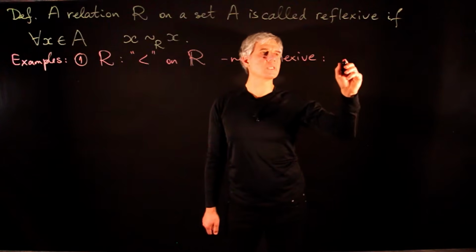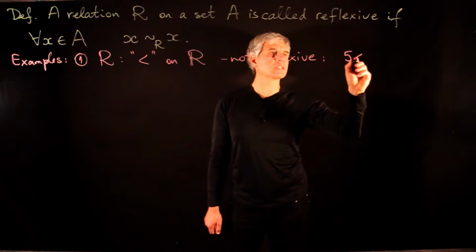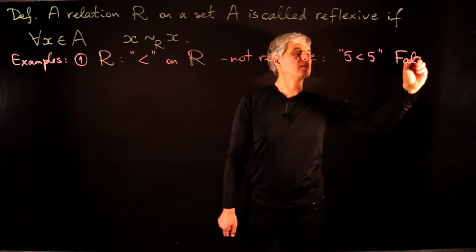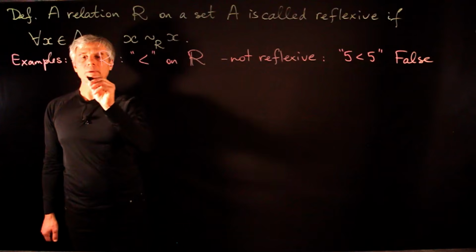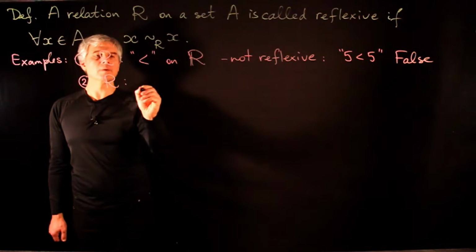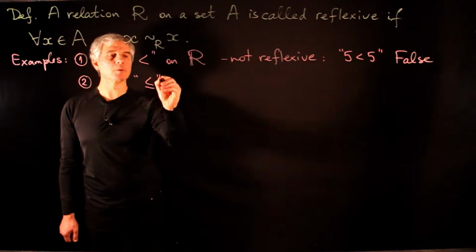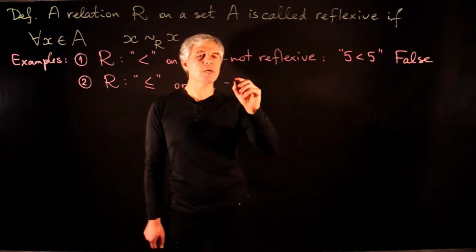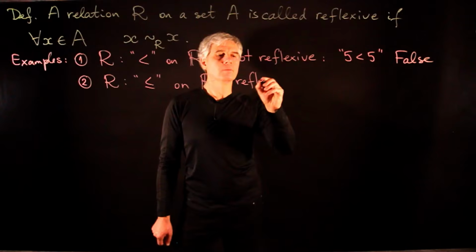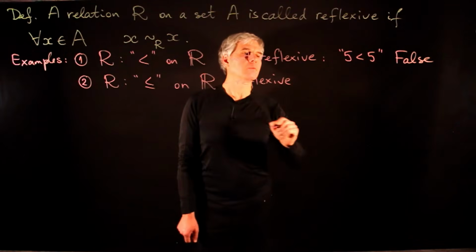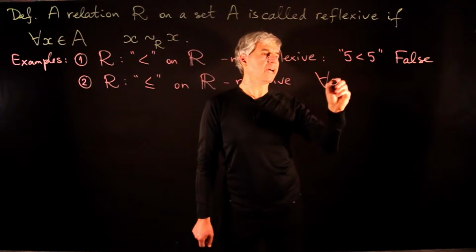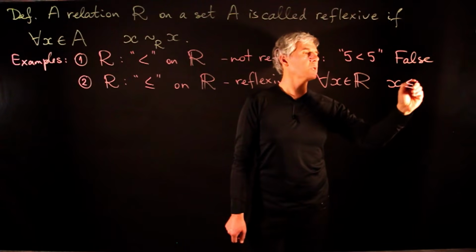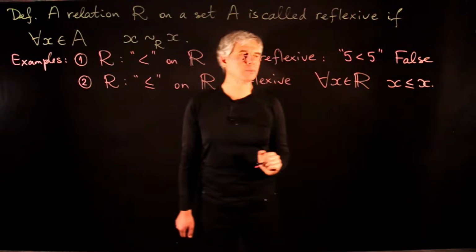For example, 5 is less than 5 is false. However, if we take less than or equal to on the same set of real numbers, then this becomes reflexive, because for all x in the real numbers, x is less than or equal to x is true.